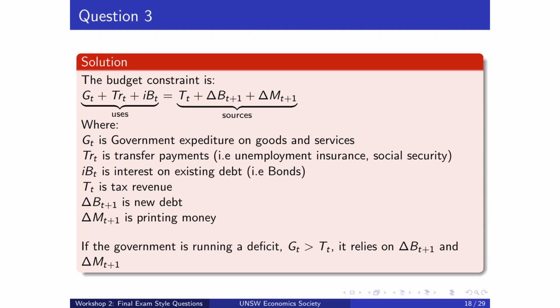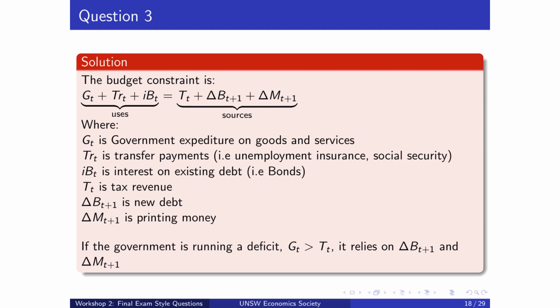The existing stock of government debt is B_t, which is the stock of debt held at the start of period t. For simplicity, we assume that the nominal interest rate is constant at i. The right side of the equation describes the sources of government funds. The government can obtain its funds through taxes given by T_t or through borrowing.